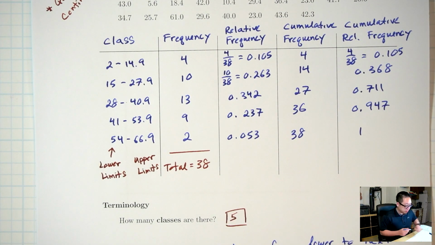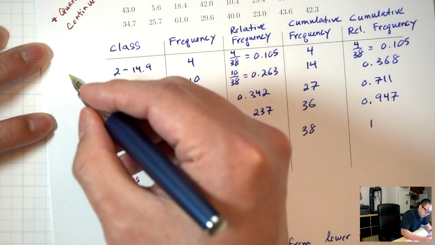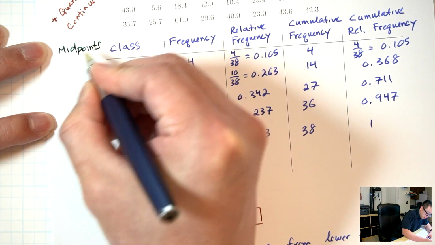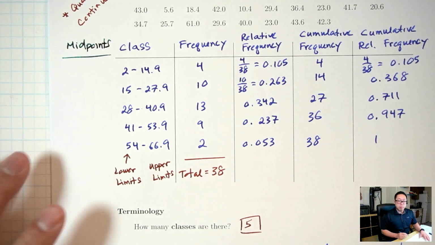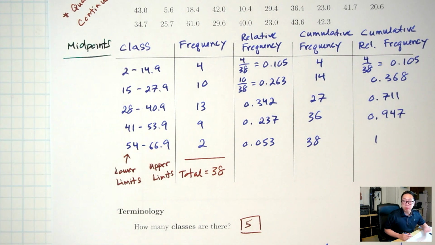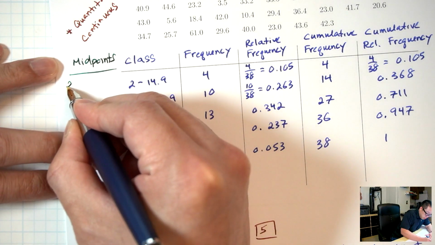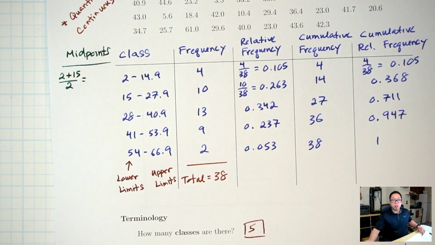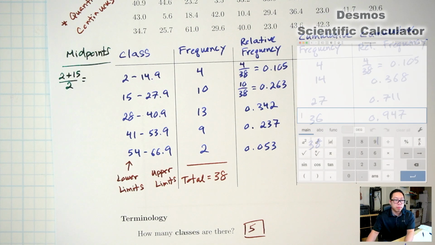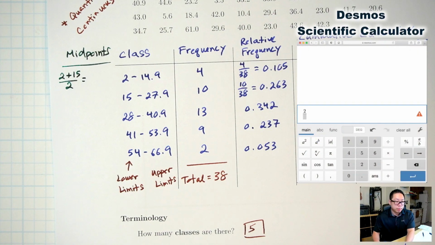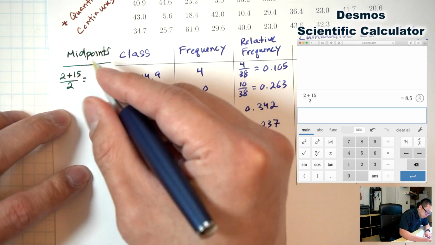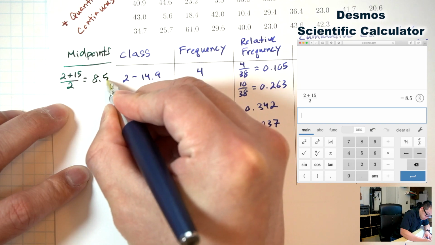So let me do this in green. The first one is going to be 2 plus 15 divided by 2. On my calculator, 2 plus 15 is 17, so this is really 17 divided by 2, which is 8.5.